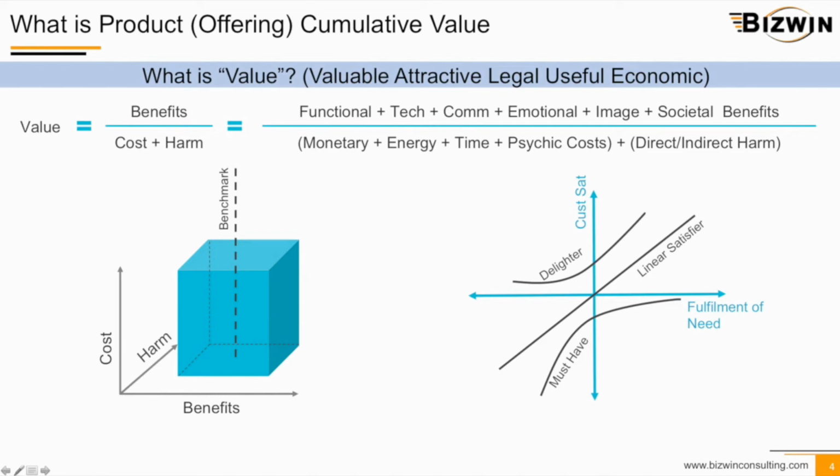Number one, must-have, meaning which the customer expects anyway. Number two can be linear satisfiers, meaning the more you put in, the more the customer will be happy. And the third can be a delighter. Delighter means the customer is not expecting it at all. You add that to delight the customer.